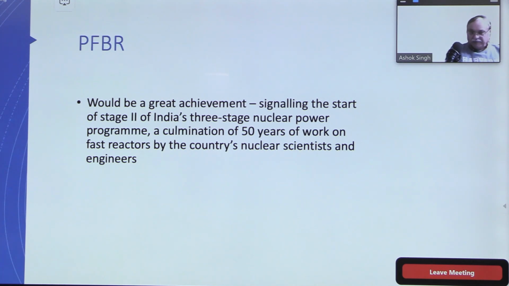If we are able to commission it in 2022, next year, this would be a very great achievement. It will mean that 50 years of work is now coming to fruition because the work started in the 1970s. And stage 2 of India's 3-stage nuclear program will become operational.